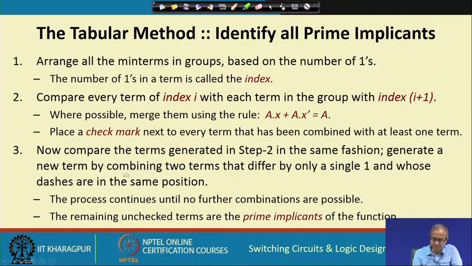Generate some new term by combining two terms that differ in a single one again, with a dash in the same position. I shall show an example to explain what this means, and you go on repeating this combining process until no further application of this rule is possible. At that point, all the terms which are not ticked or not checked will be the prime implicants of the function.